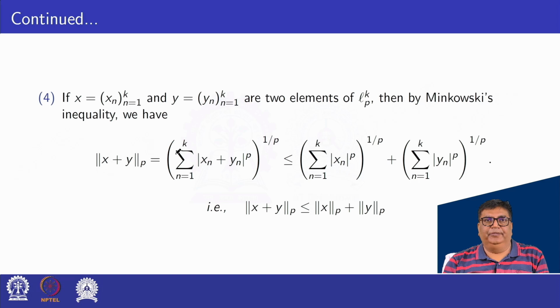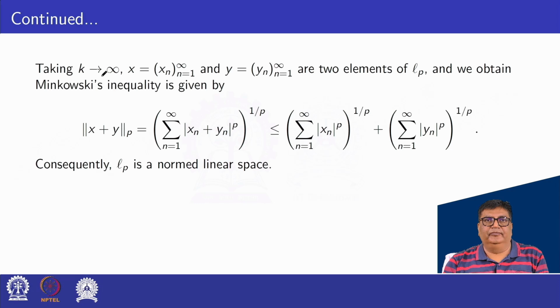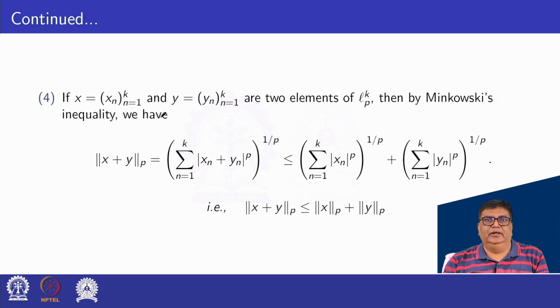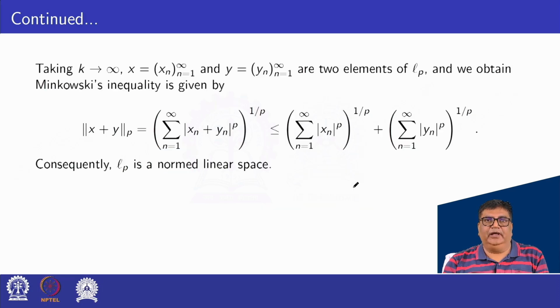But if we extend this, taking the limit k tending to infinity, then x equals xn, n equals 1 to infinity, and y equals yn, n equals 1 to infinity. Then the Minkowski inequality can be written as the norm of x plus y under the pth norm equal to the summation n equals 1 to infinity |xn plus yn|^p, whole power 1 by p.